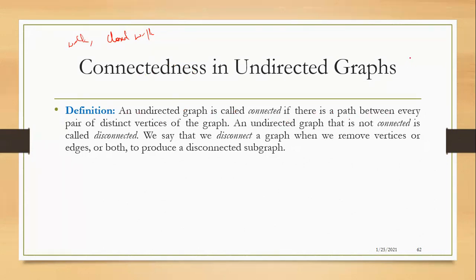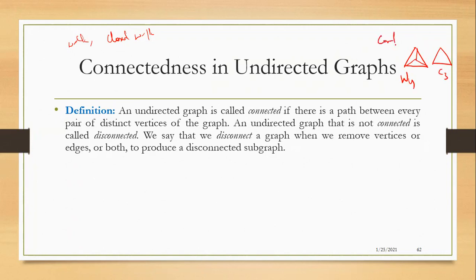Suppose you remember the concept of wheels. Let me just draw it, or even a cycle of 3 vertices. So this is W4 and this is C3. In this graph, if you notice, each vertex is connected to every other vertex.